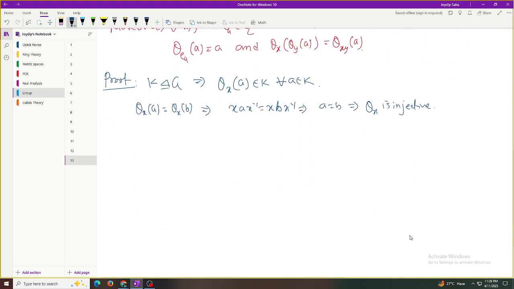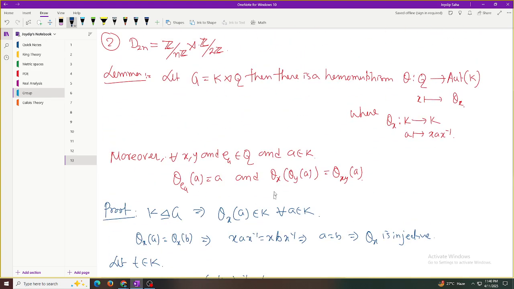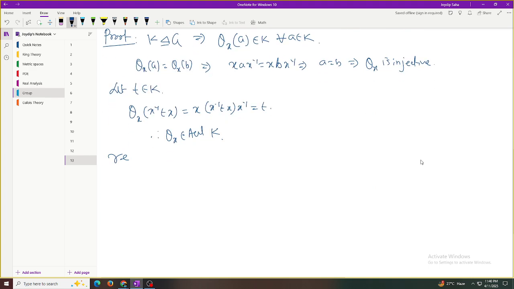Now let t belong to K, then theta x of x inverse t x is x x inverse t x x inverse, that is t. So theta x belongs to Aut K. The rest, theta x y equals theta x theta y, just put it in and check it.